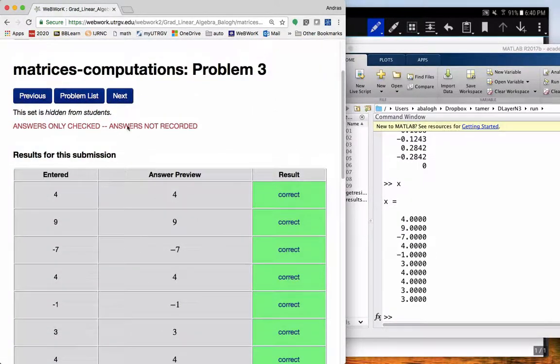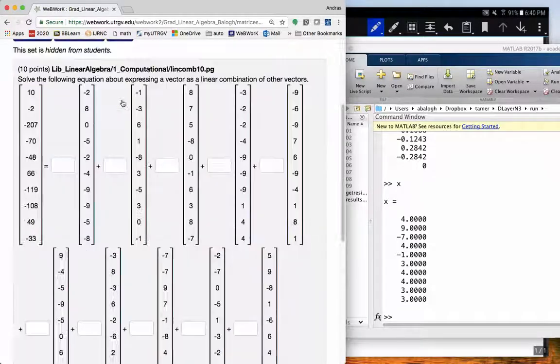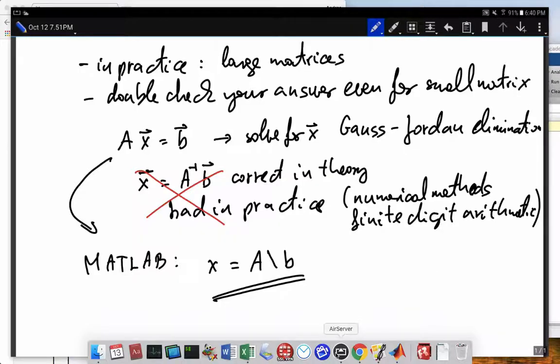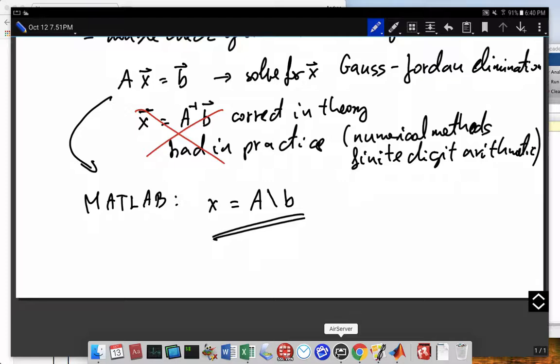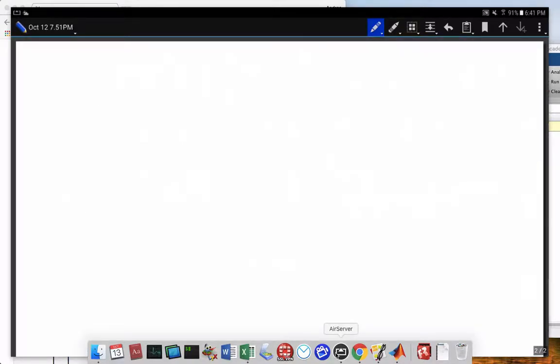All right. Next example. You have to solve this equation that's about expressing a vector as a linear combination of other vectors. So we have one vector and we're supposed to write this as a linear combination of other vectors with some unknown coefficients. We have to determine what these coefficients are. This is from the previous representation of linear systems that we talked about.